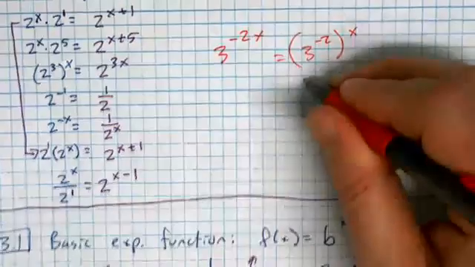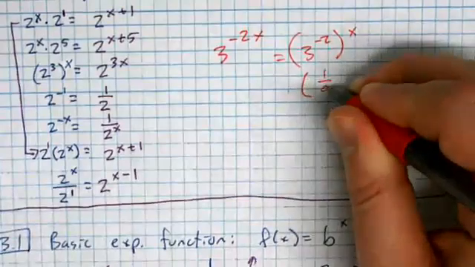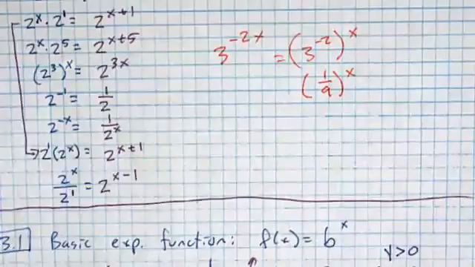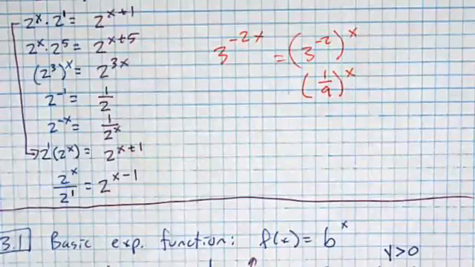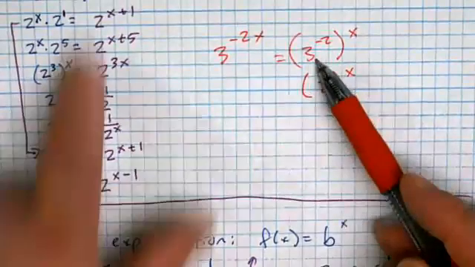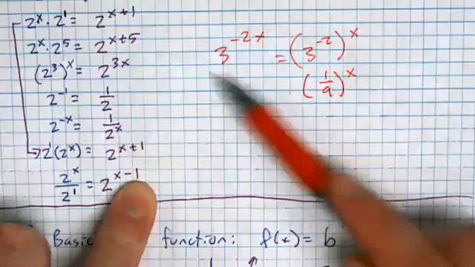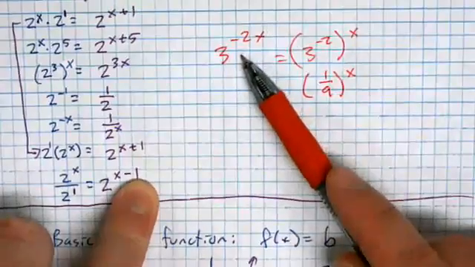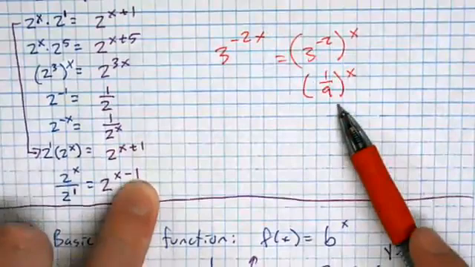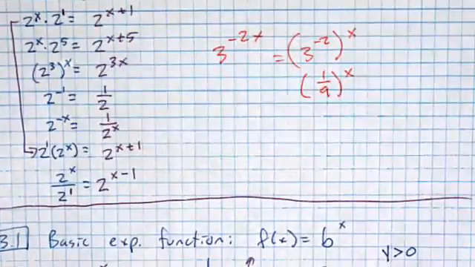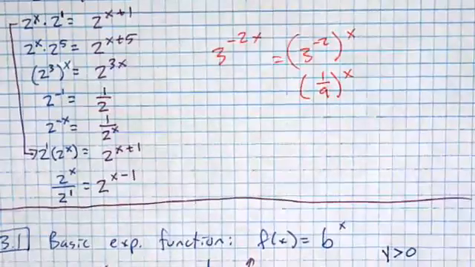And what is 3 to the negative 2? 1/9 to the x. That's really what you're looking at there, which is definitely decay because 1/9 is less than 1. This is why I said you need to know these things, because you need to be able to look at this and say, that's not in a form I want. I can really quickly turn it into 1 over 9 to the x. You need to know those exponents. Okay. Offer still stands. If you're struggling with the basic exponent rules, come see me and we'll get you fixed up.